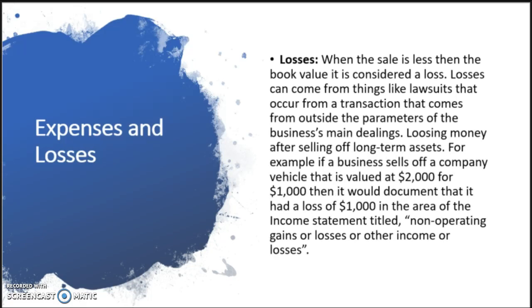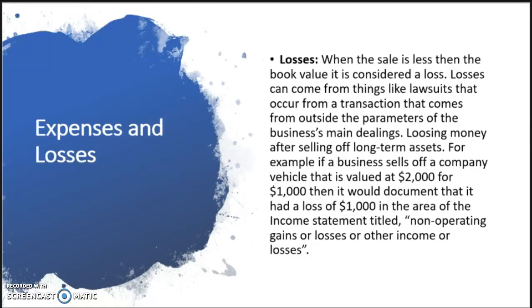Finally, for losses. When the sale is less than the book value, it is considered a loss. Losses can come from things like lawsuits, a lawsuit that can occur from a transaction that comes from outside the parameters of the business's main dealings. Losing money after selling off long-term assets too.